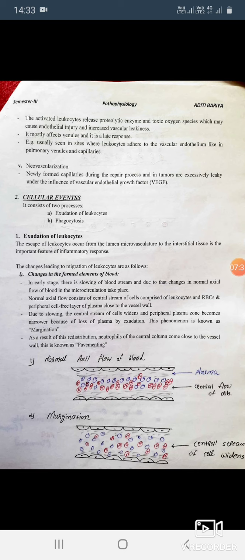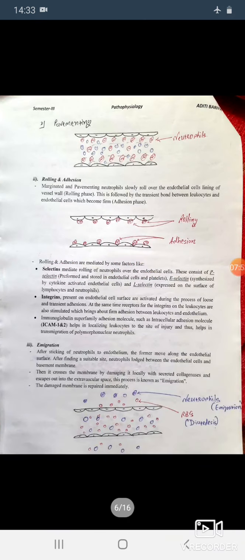And as a result of this redistribution, neutrophils of the central column come close to the vessel wall, and this is known as pavimenting. You can see the third image, pavimenting. Now what happens in pavimenting?